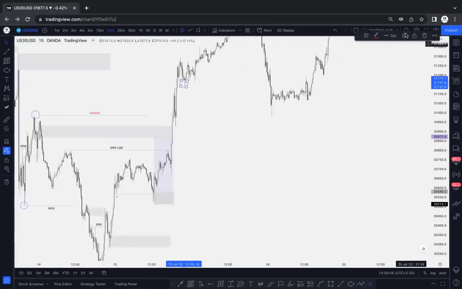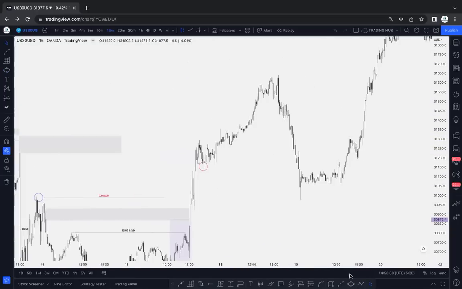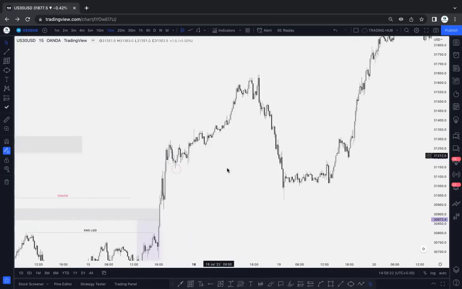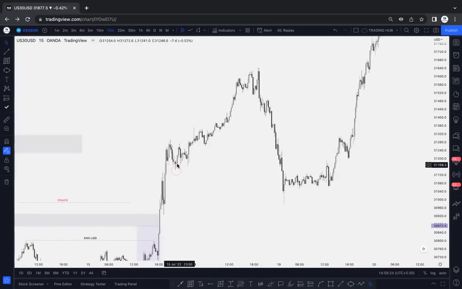And then the same thing happened here, especially in US30 and some indexes. This generally happens. But you have to remember that this is actually inducement or just a continuation to the upside. Once the market takes out this inducement, we can buy here, obviously.